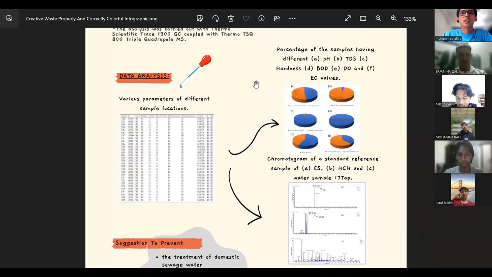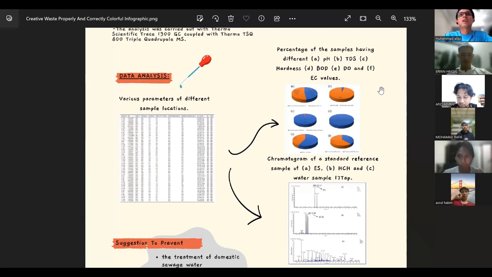The next is DO, the parameter that indicates the presence of oxygen in the water, which is essential for the survival of aquatic organisms. The DO value of the water samples collected from the tap, tube well, and hand pump ranged from 5 to 7.5 milligram per liter, with an average value of 7.03 plus minus 0.51 milligram per liter.